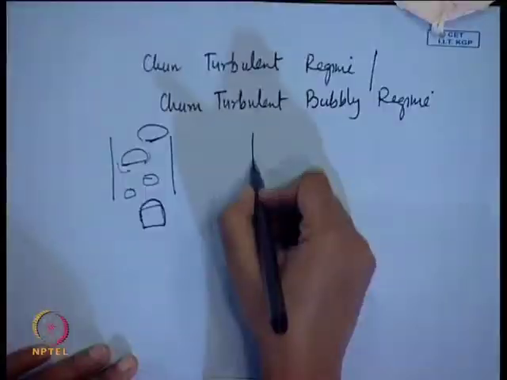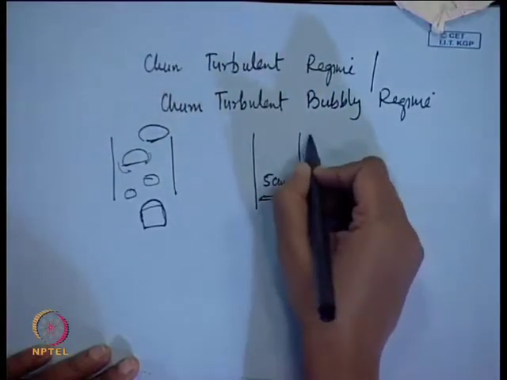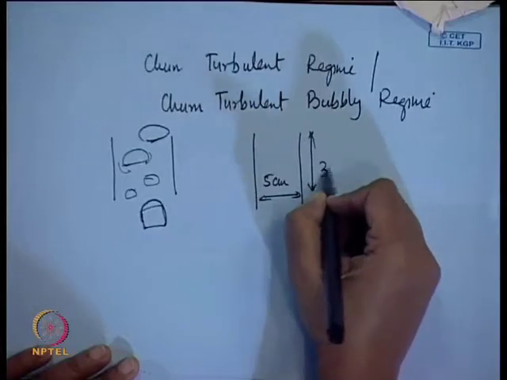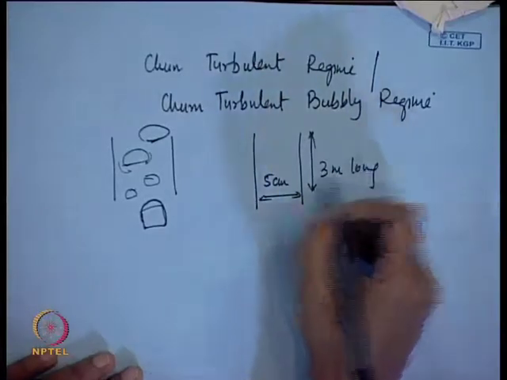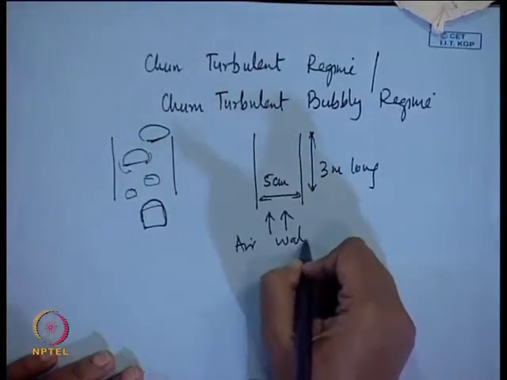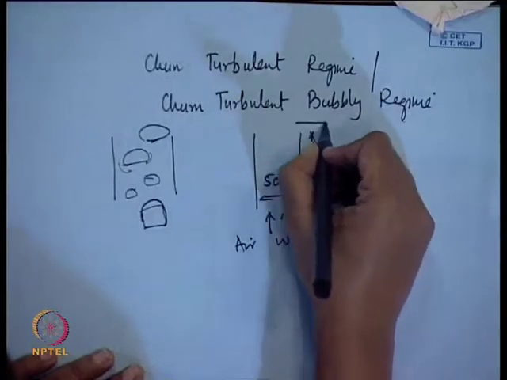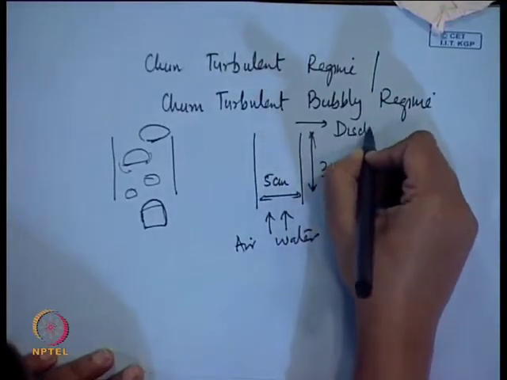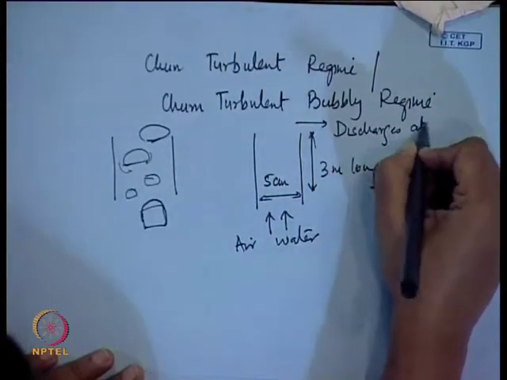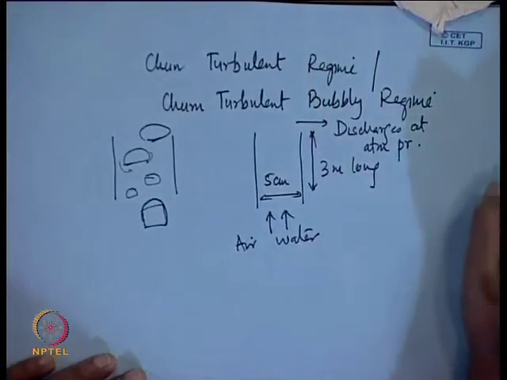Say in one particular vertical pipe, it is 5 centimeters wide and 3 meters long, and air and water are being introduced in this pipe, and we know that it discharges at atmospheric pressure.